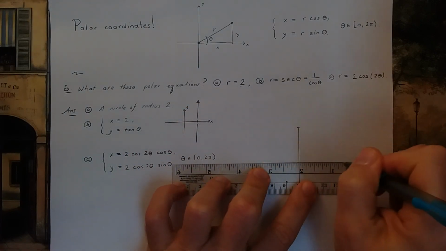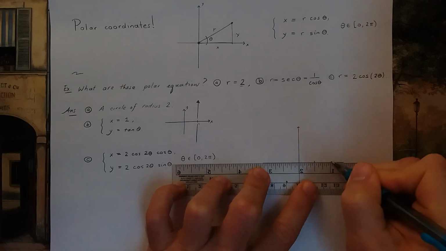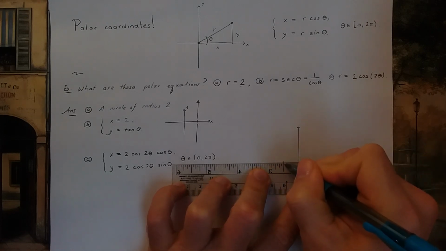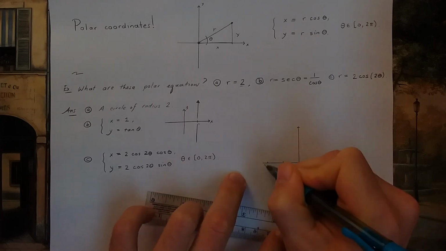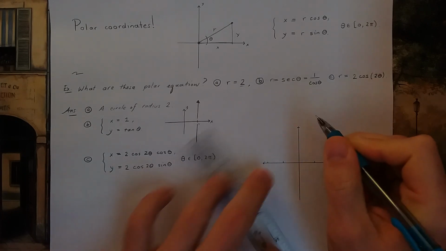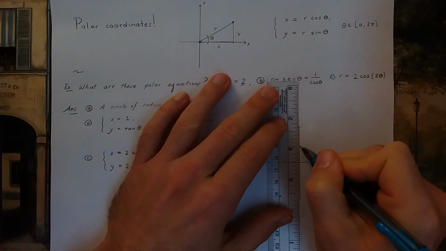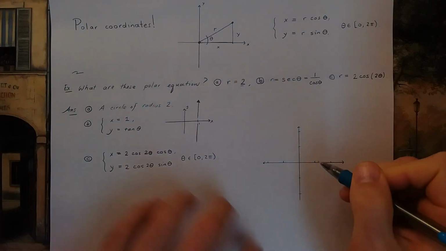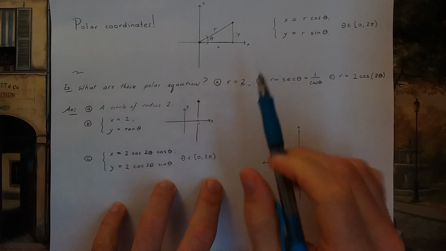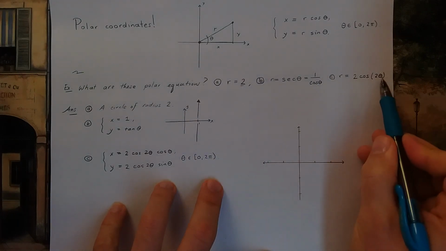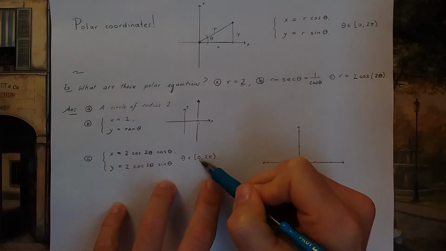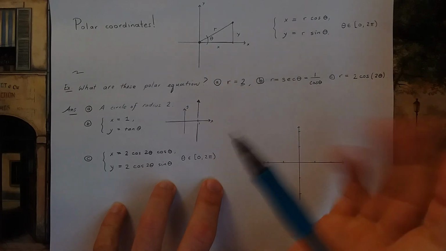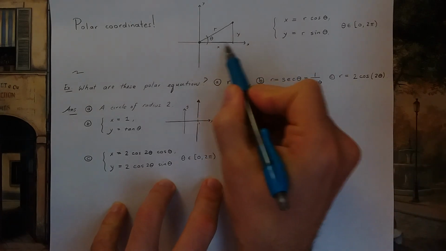So here's my xy axis. There's 1, 2, -1, -2. Here's 1, 2, -1, -2. Okay. If theta is equal to 0, that means I don't rotate anything. Back in this picture, I'm facing east.